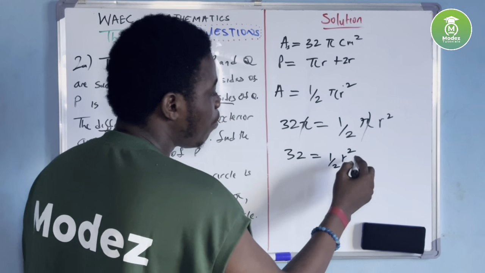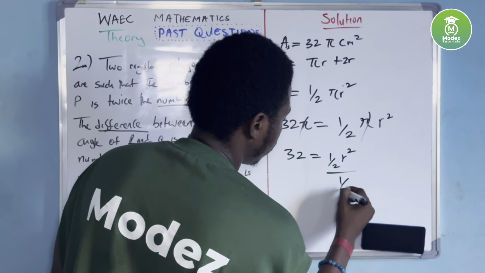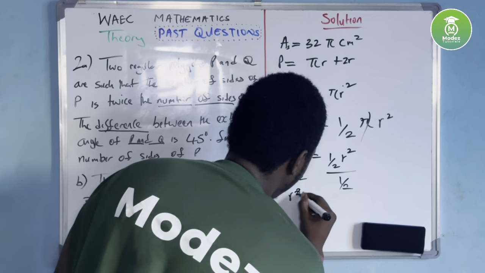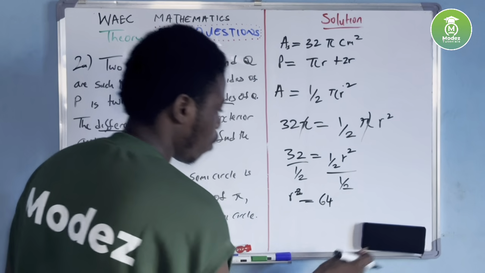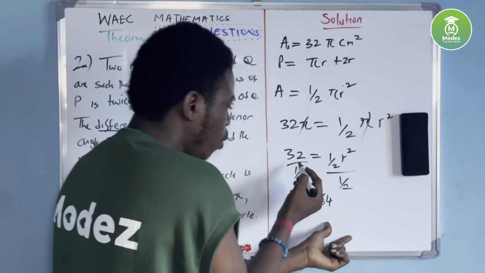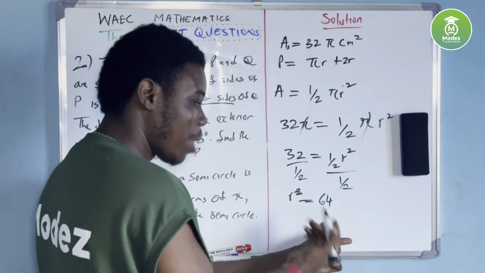So I'll just divide both sides by 1 over 2. Then r square will be equal to 64, because 32 divided by 1 over 2 is 32 times 2 over 1. Inverse. I hope you are getting it.